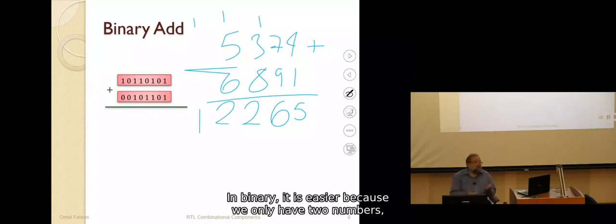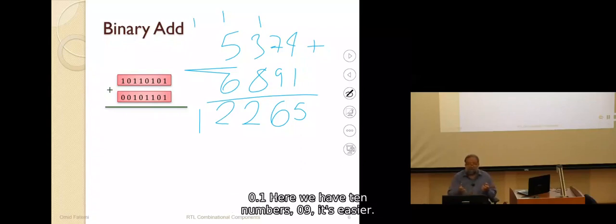This is how we do it in decimal. In binary, it is easier because we only have two numbers, 0 and 1. Here we have 10 numbers, 0 to 9.